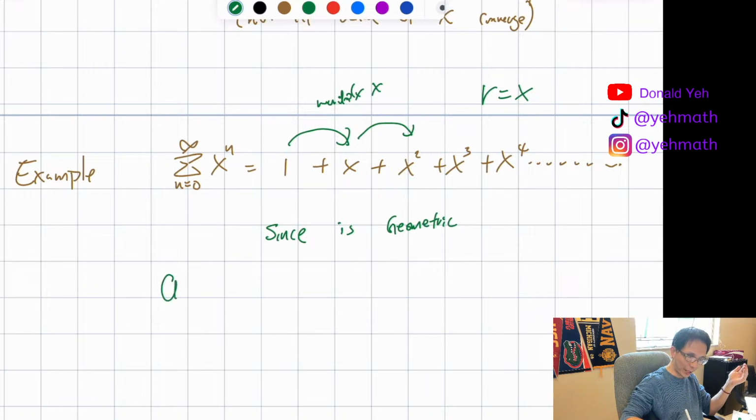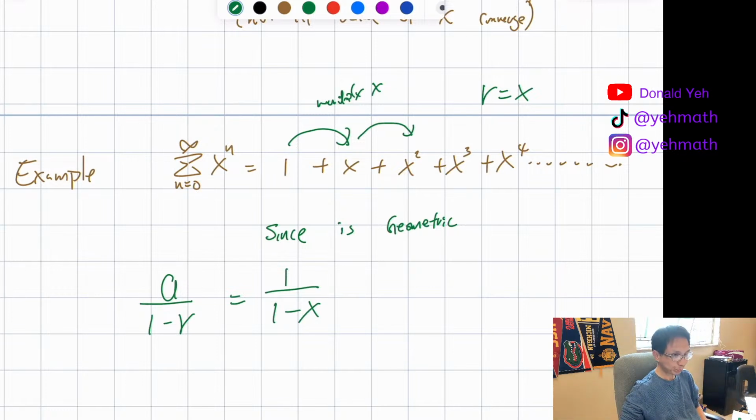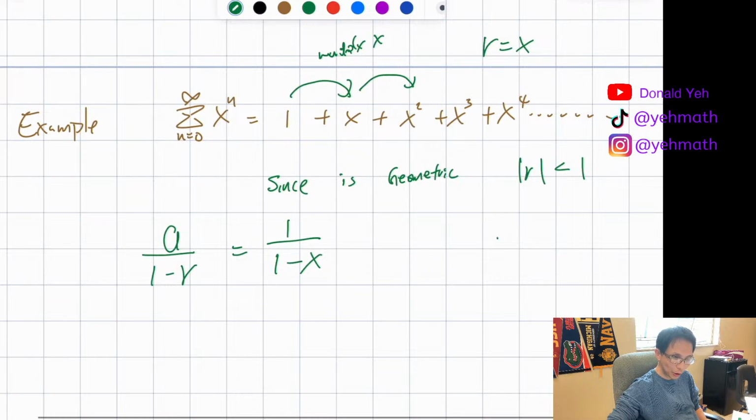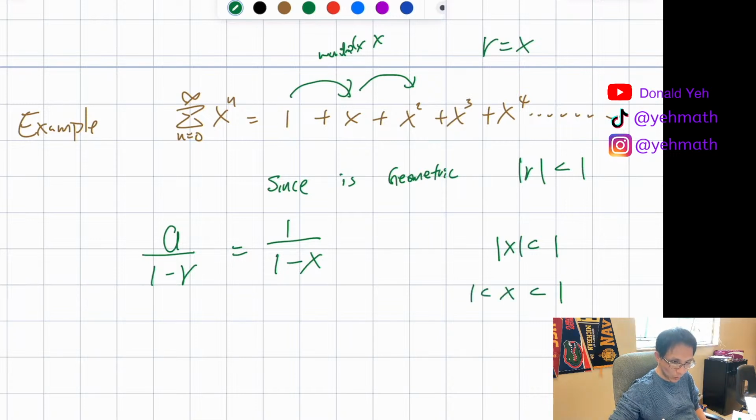Then can I just write down a over 1 minus r, where a is 1 and r is x? But with a domain. Can you tell me what the domain is? For a geometric series, the absolute value of r must be what? Less than 1. And if that's less than 1, that means your domain must be less than 1 as well. And that's going to be negative 1 less than x less than 1.